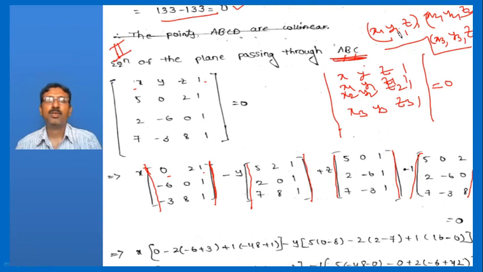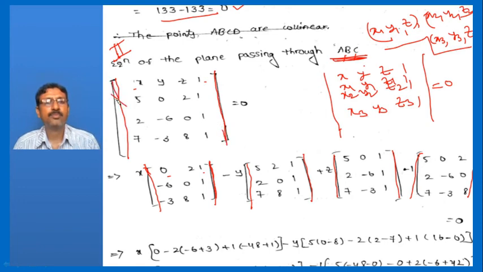So here I have taken these 3 points as A, B, C. From the problem I have substituted the coordinates of ABC in the 4x4 matrix. Here it is the determinant.